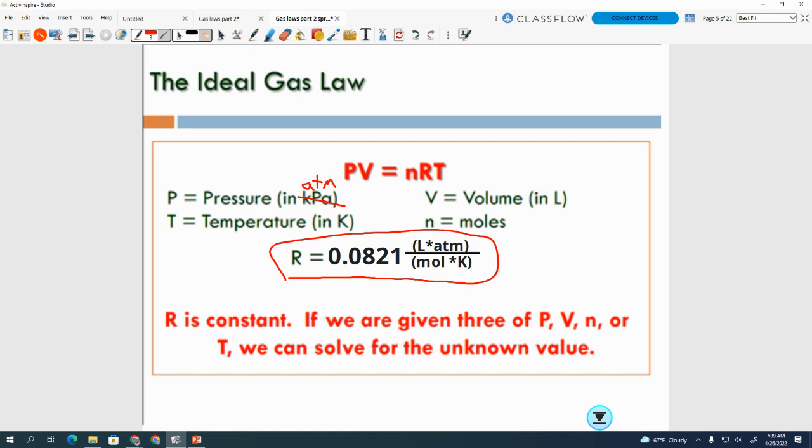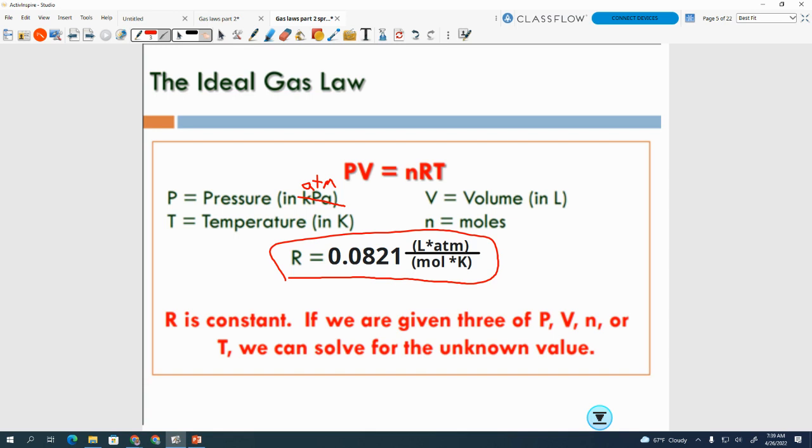If we're given temperature, volume, and moles, we can solve for pressure. And if we're given pressure, volume, and moles, we can solve for temperature. So it's a nice little equation.